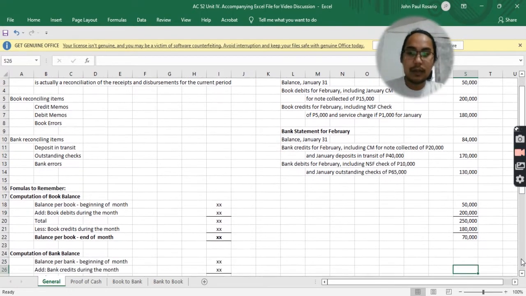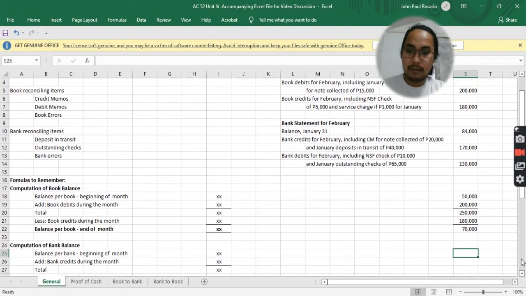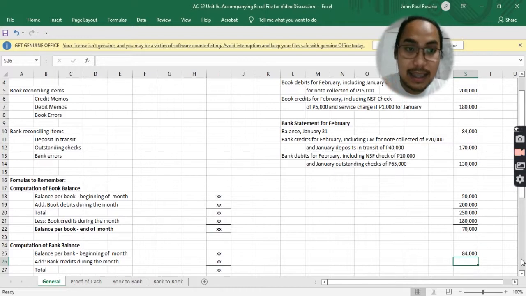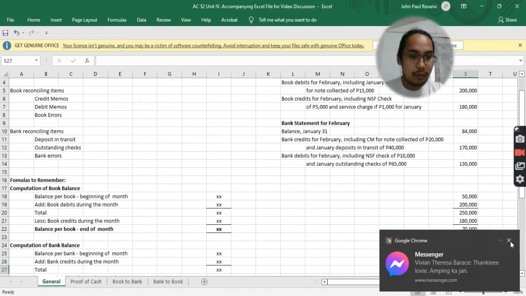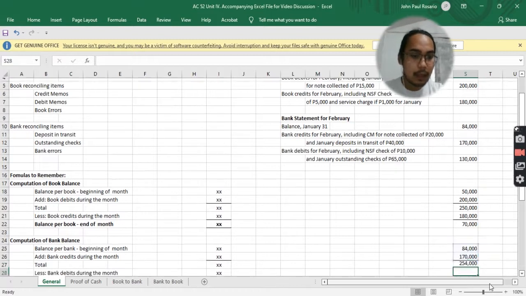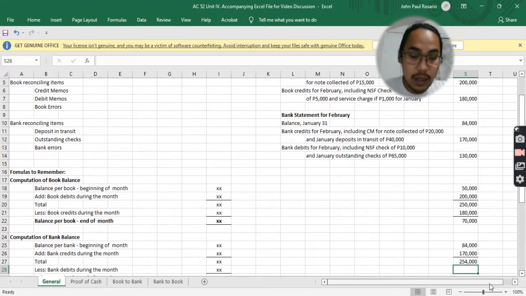Now for your bank naman. So based on your bank statement, you have a balance of 84,000 in the beginning. And then you add all the bank credits, again, sa point of view ni bank, bank credits means addition to your cash balance. So add ka ng 170,000. That should give you 254,000.